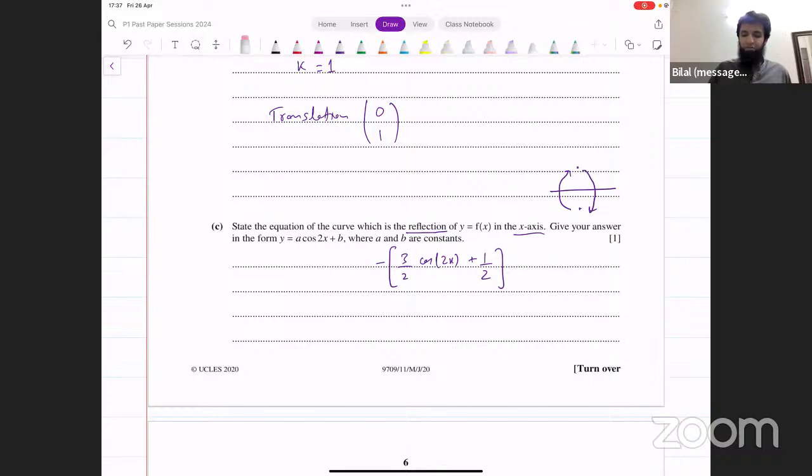So f of x gets multiplied with a negative sign like this. Now we need to write this in this form. Let's simplify this. It becomes y equals minus 3/2 into cos of 2x minus 1/2. That's the final result that we get from this.